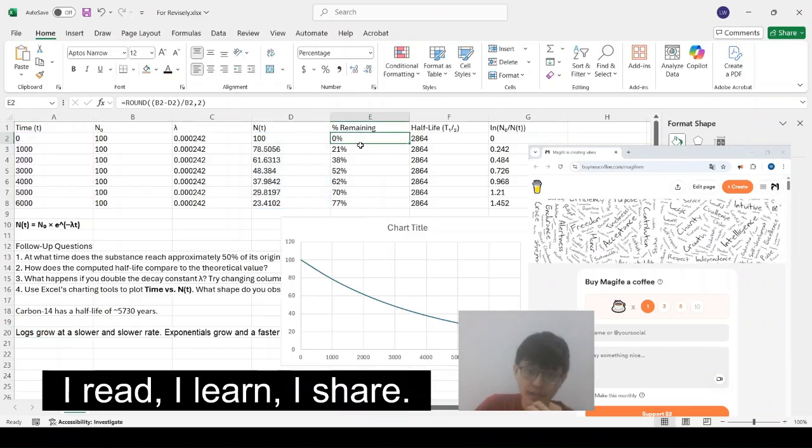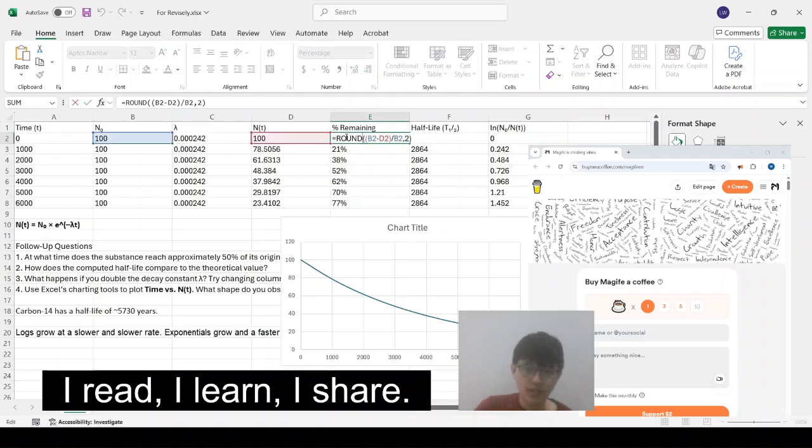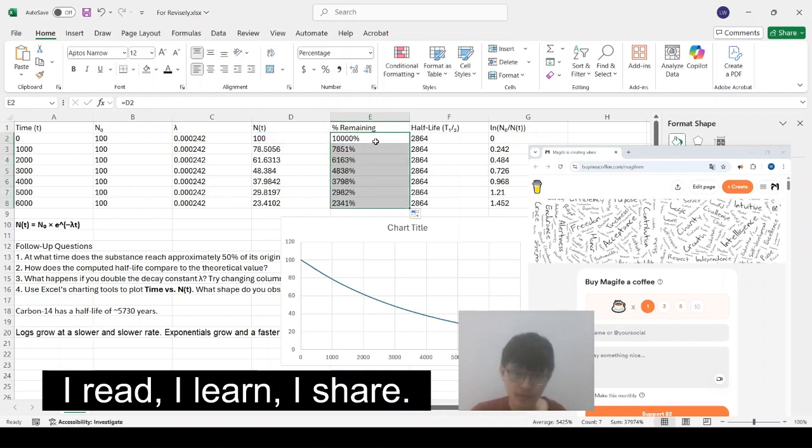So you see from 100% decay to 79, then 72, 48, 38. It's a slow one.